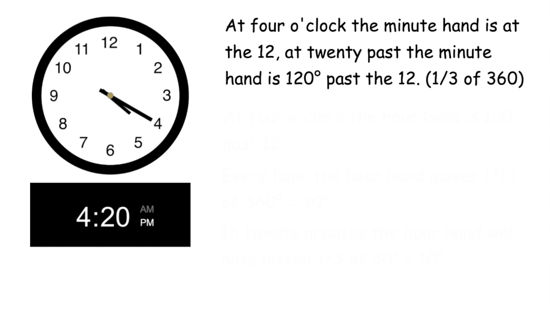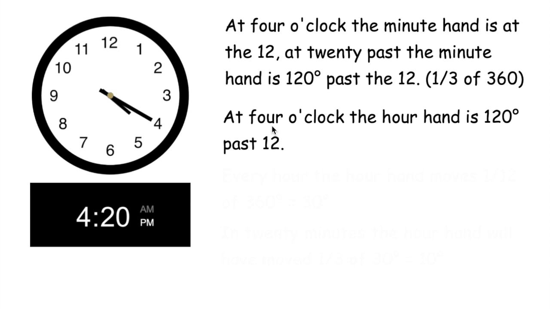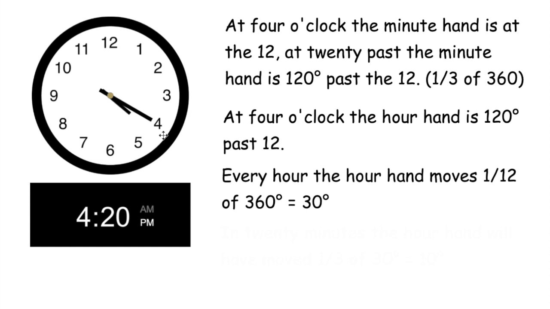an hour. So at 20 past, the minute hand has moved from the 12 round to the 4, which again is 120 degrees. But of course, that hour hand has moved on a bit, hasn't it? So at 4 o'clock, as we said, the hour hand is pointing at 4, 120 degrees past 12. Now, every hour, the hour hand moves 1/12 of a complete turn.